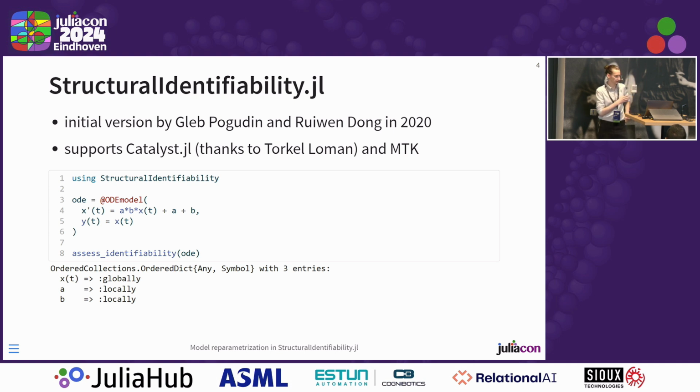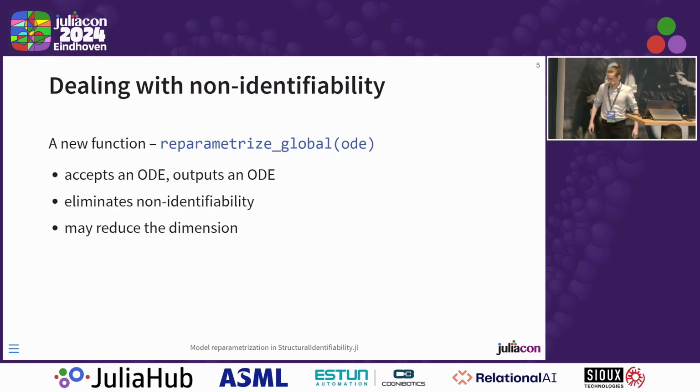But this is ancient history, so it is the classical identifiability analysis. So now let me show what was developed recently in structural identifiability, and so what can be used now. StructuralIdentifiability now provides a new function, reparametrize_global.